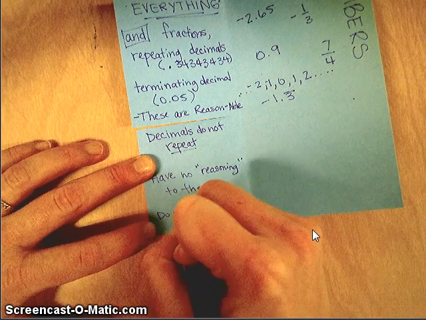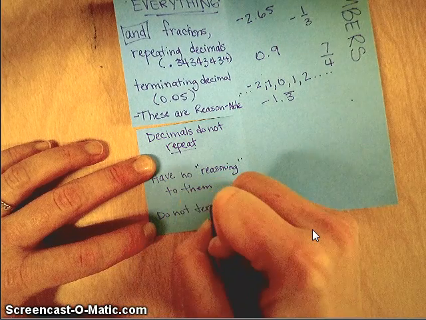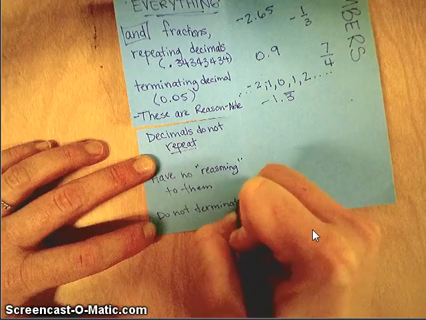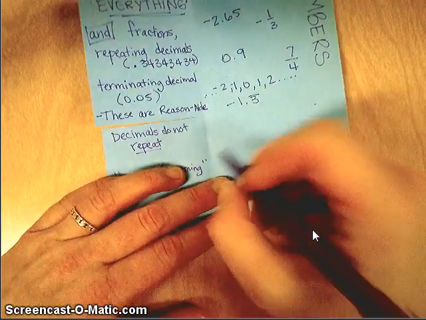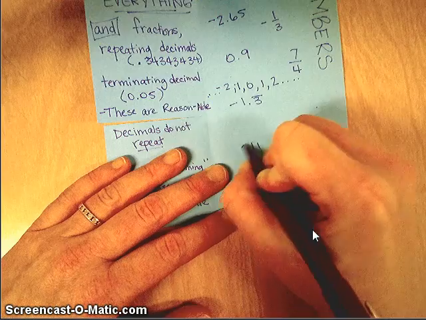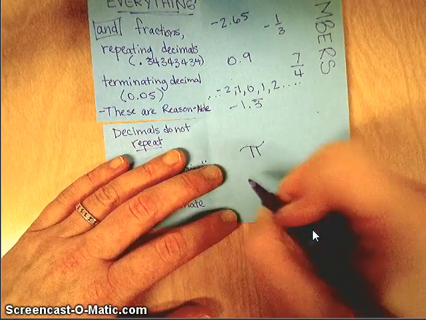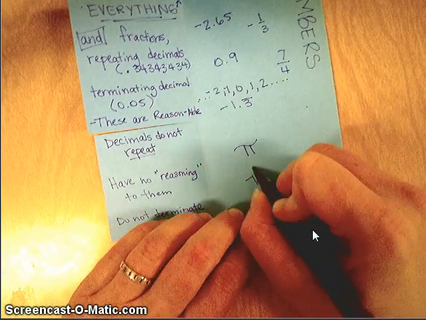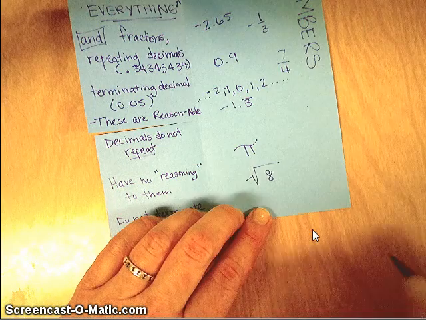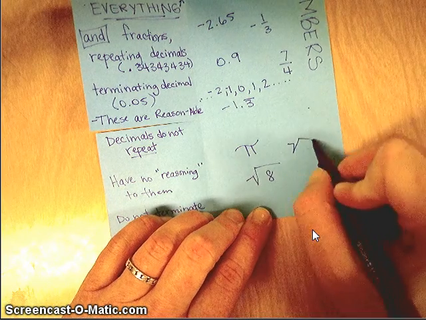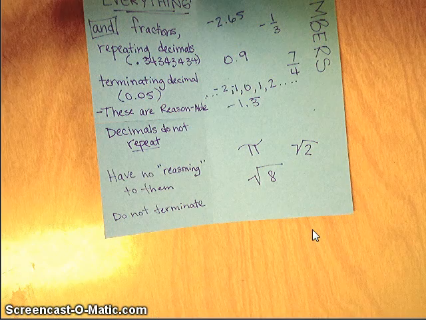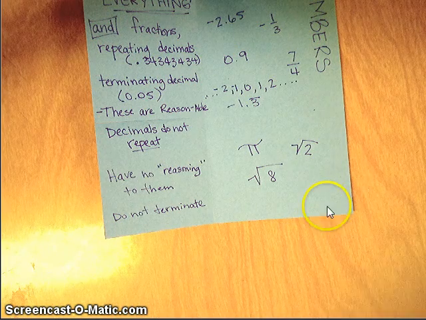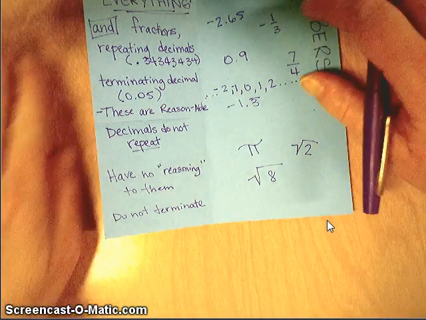They do not terminate. And there seems to be no pattern in them. Some examples would be our friend pi and square root of 8, or square root of 2. Those are some examples of irrational numbers.